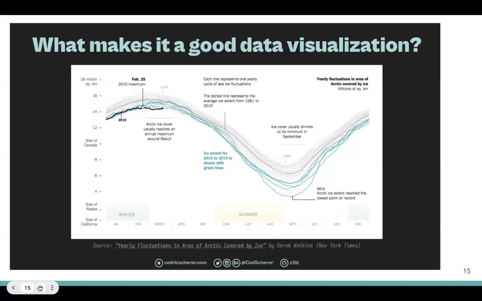And they've given nice labels of real world countries, real world benchmarks, that help give the reader some context. 80 million square kilometers might not mean anything real to a general reader, but the size of Canada, the size of Alaska, the size of California, for someone in the United States, does. And this is an illustration from the New York Times. So that helps give context.